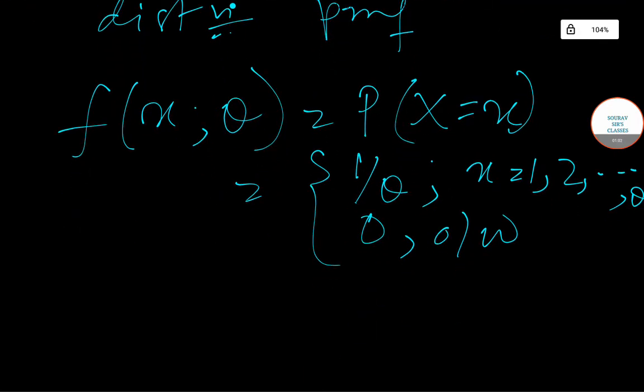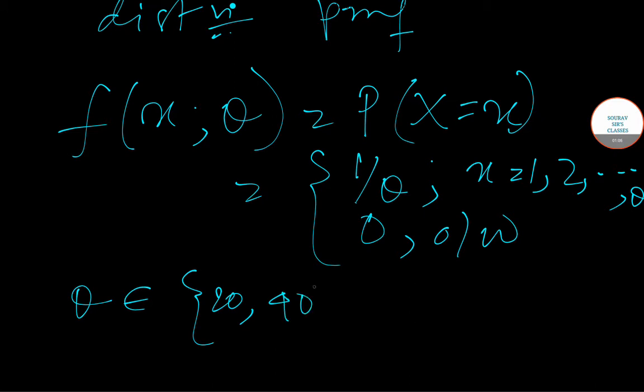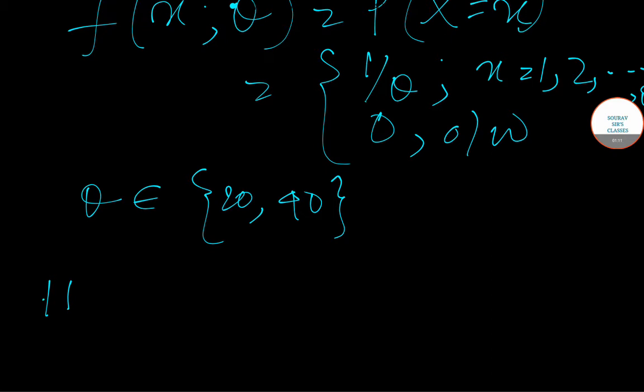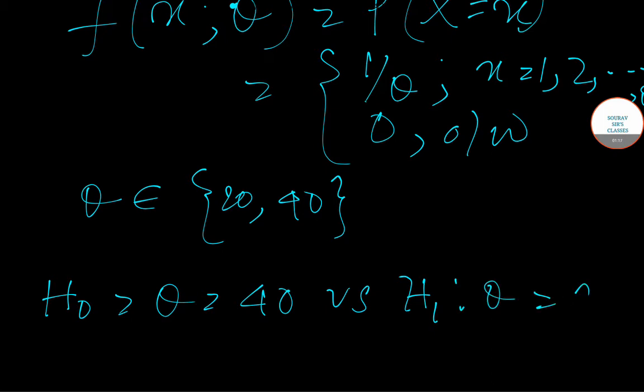Now here theta belongs to {20, 40}. We are given two hypotheses, that is H0: theta is equal to 40 versus H1: theta is equal to 20.